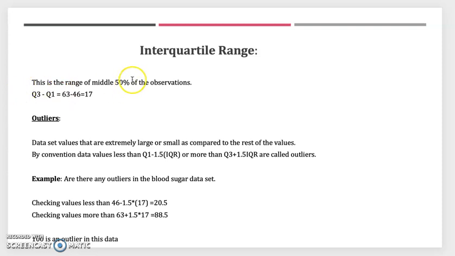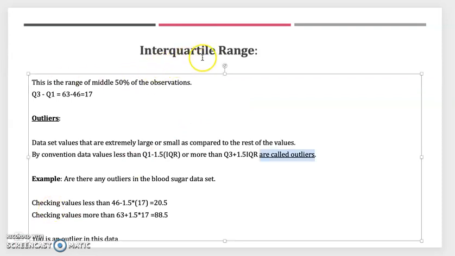So this range we call the interquartile range. Like earlier we said, that's Q3 minus Q1. After we get the interquartile range, it actually helps us to identify outliers.